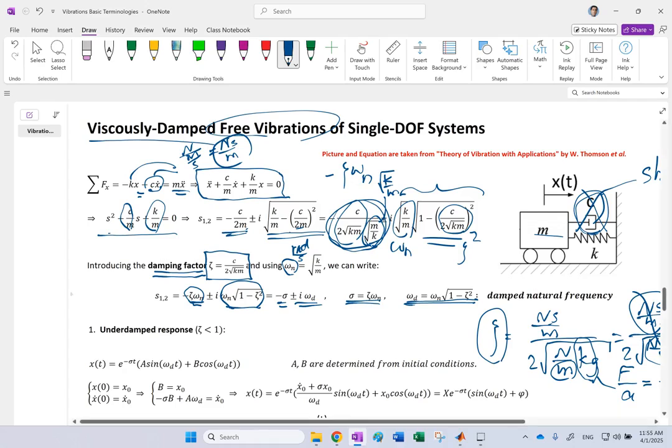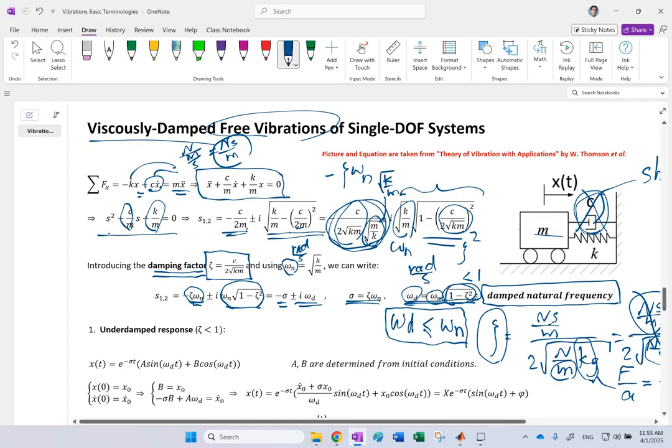But before that, I want to tell you that this omega d, which you see, also has units of radians per second, because this portion has no units, so the unit of that is the same as omega n. That omega d, which by the way is always less than or equal to omega n, because this square root is less than 1 all the time, this kind of smaller frequency is what we call damped natural frequency.